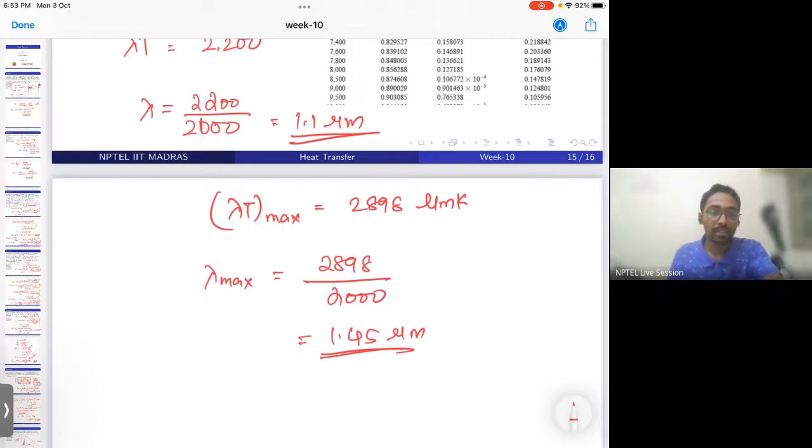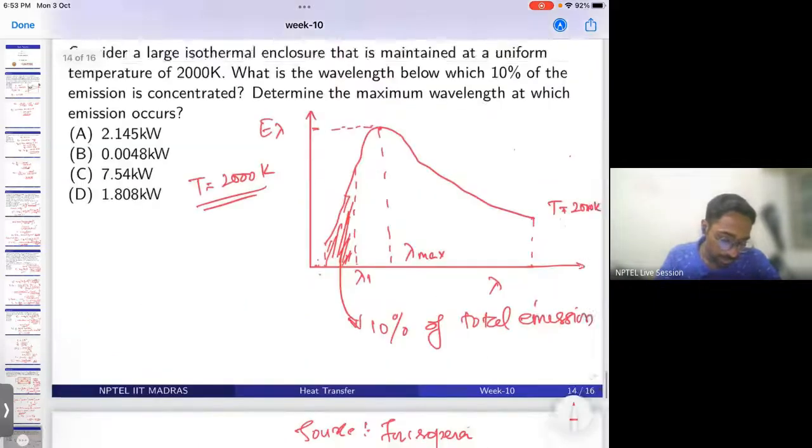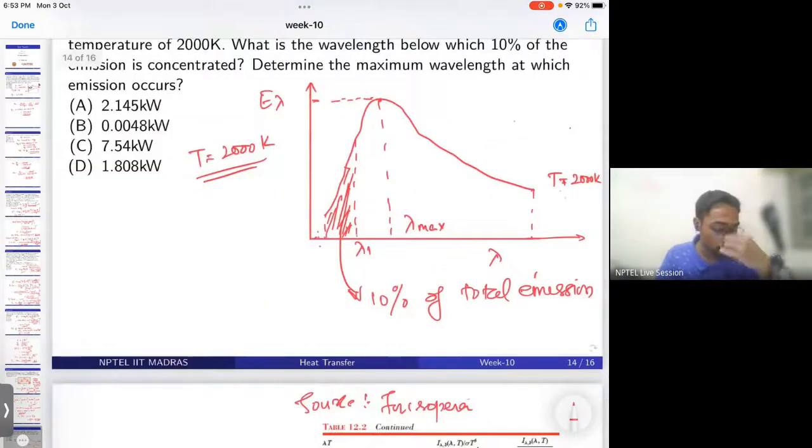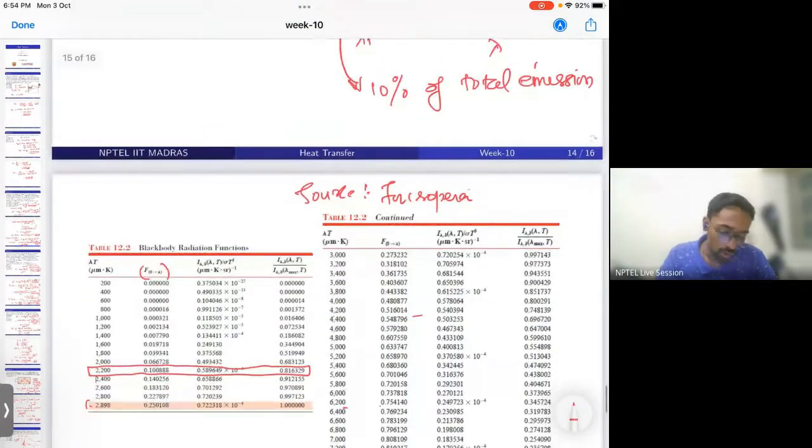So at this wavelength, the maximum emission happens. That is the interpretation of this result. The other result was in the range up to 10% of the total emission, for which we needed to use the function.